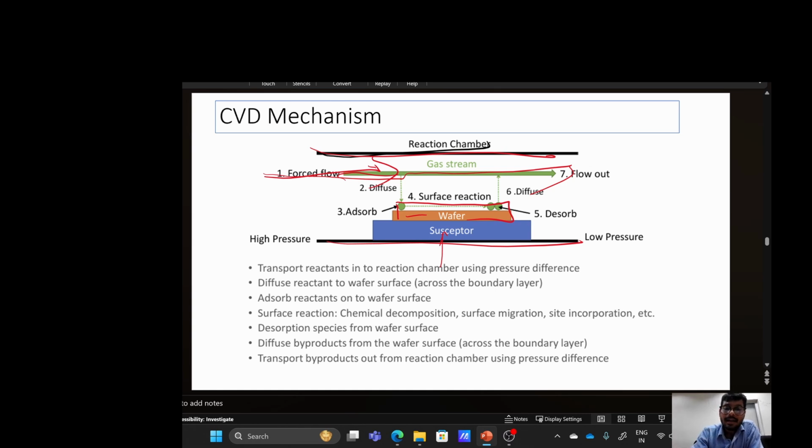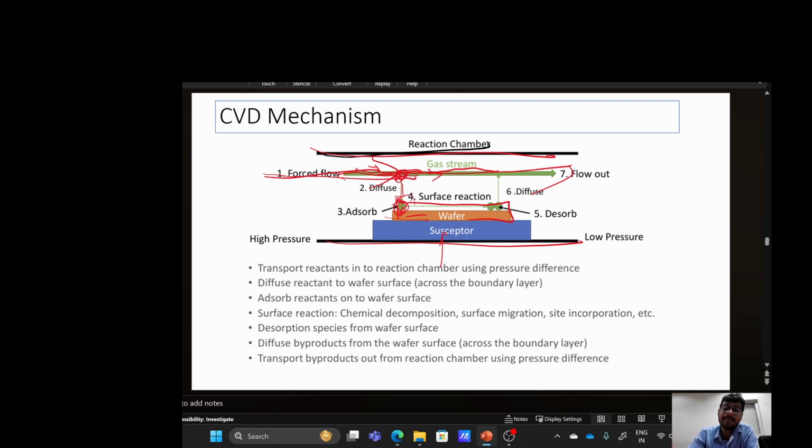Okay, and with this flow there is a diffusion of the precursor molecule from this point to this point, that we will see. Why is there a diffusion? That we will see in the subsequent slides. There is a diffusion of the precursor molecules from this laminar flow of the material to the wafer, where it reacts, gets adsorbed over the substrate, and there will be a surface reaction.